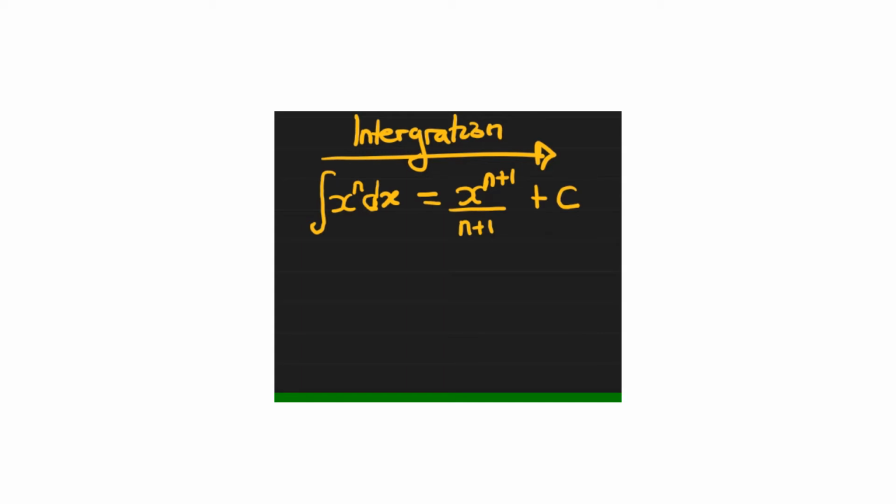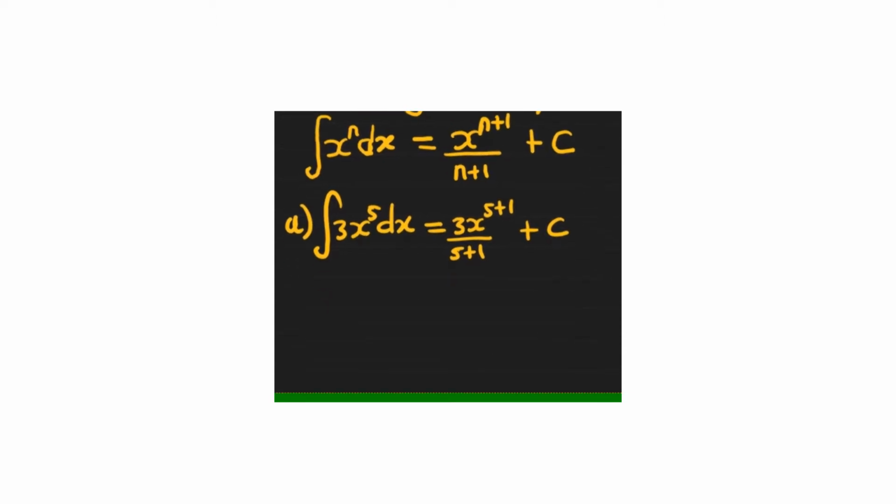Let's get into some examples. For example, if I say integration of 3x to the power 5 dx, it will be equal to 3x to the power 5 plus 1 all over 5 plus 1 plus c, which is my constant of integration.